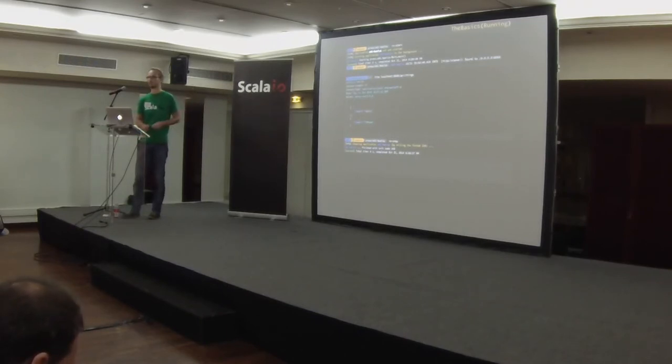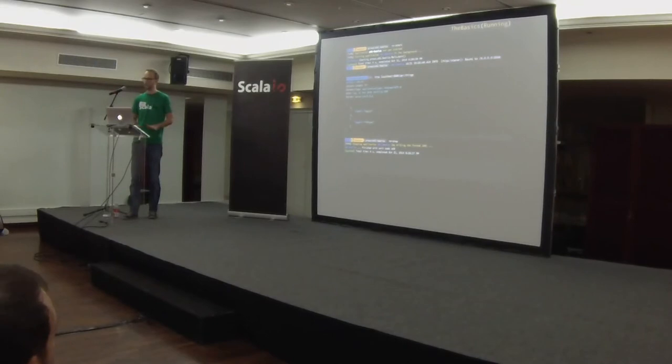Here I just executed it once, but you can also run it in a continuous way, so that every time you change your code, it just restarts a forked JVM with your code running. And then, as you can see, you can send it requests. It will produce some JSON, and if you want, you can stop the machine. So that's the basics of running a Spray-based system.